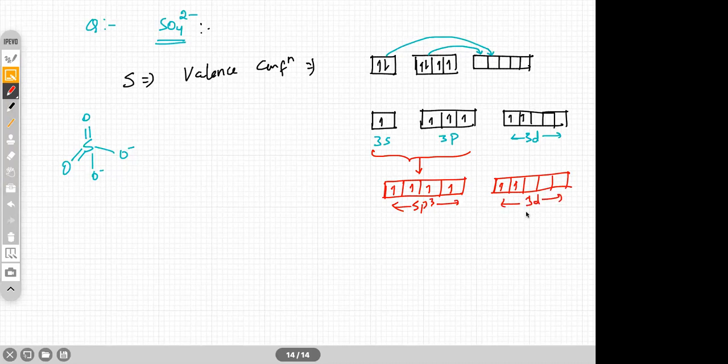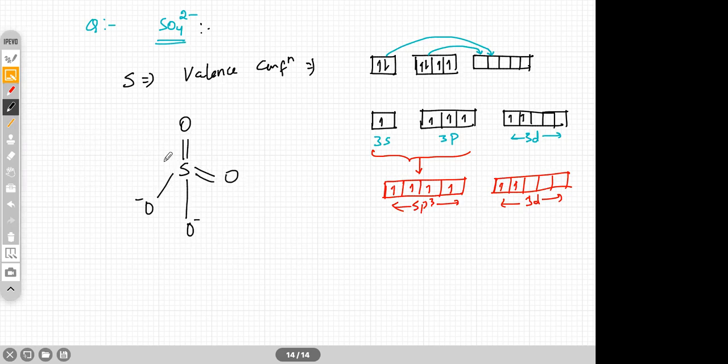I'm not drawing the orbital diagram because the structure of d orbitals is difficult to draw here. I'm just telling you that the structure of sulfate ion SO4 2 minus is S double bond O, O minus and O minus, right? But the orbitals which form the sigma bond, the hybridization of sulfur here is sp3, and that is the answer.